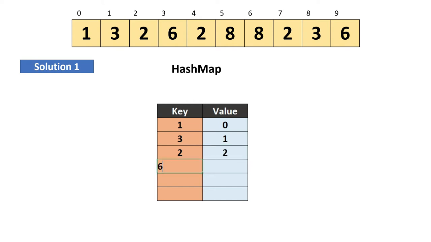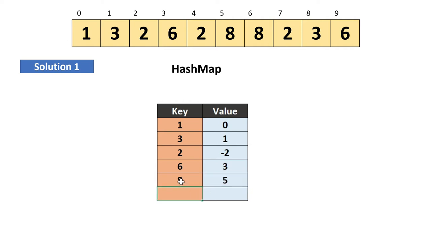Then 6, index position 3. Then 2 came. So 2 is already present here. In this case we will just make it negative, so instead of 2 we write -2. Then 8 will come and 8's index position is 5.